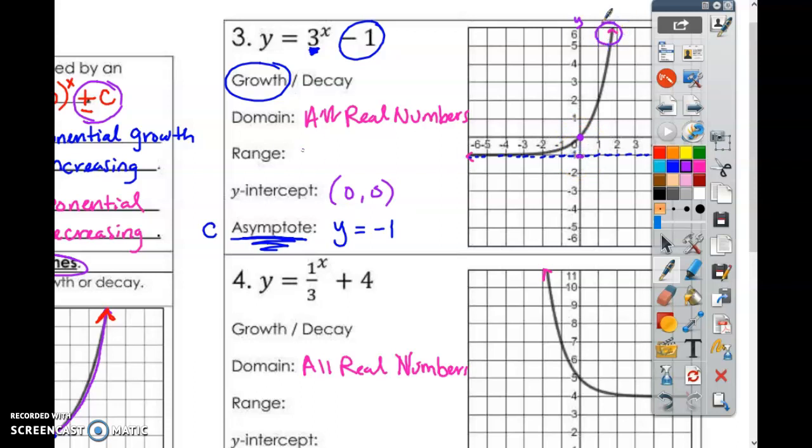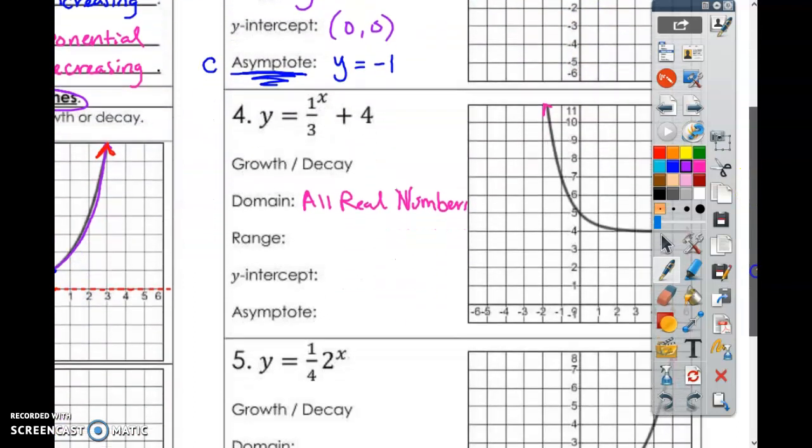So it's y greater than -1. Okay, it's always going to be at the asymptote. So if the asymptote is -1, then the range is going to have -1. But you have to figure out, is it above going up or is it below going down?